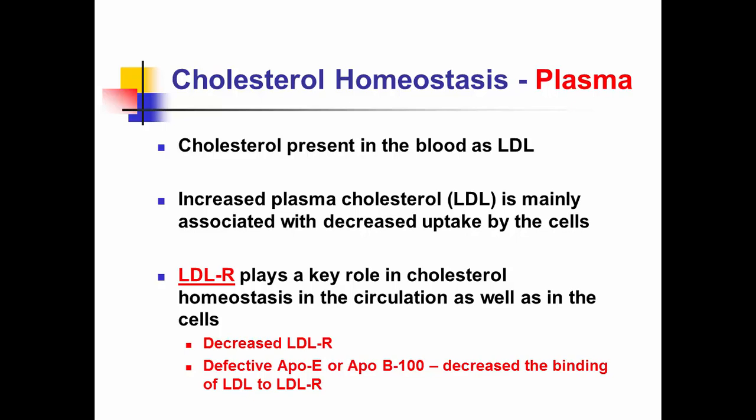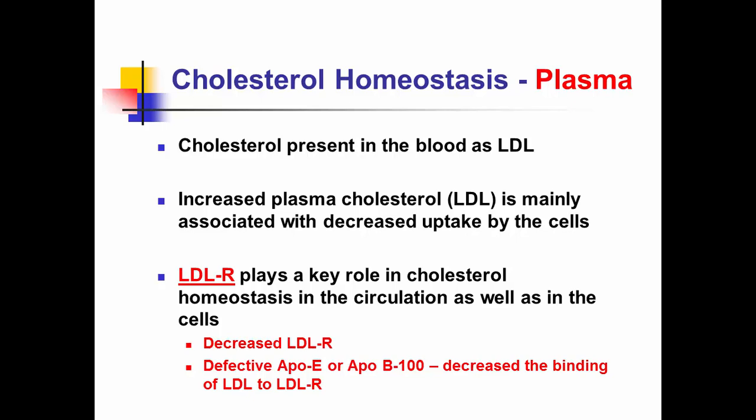If you have an increased LDL, do you have increased triglyceride? No. ApoC2 basically affects the triglyceride levels, right? So I hope you remember the 3 very important apoproteins: ApoC2, ApoE, and ApoB100, and if they are defective, it can have different consequences.